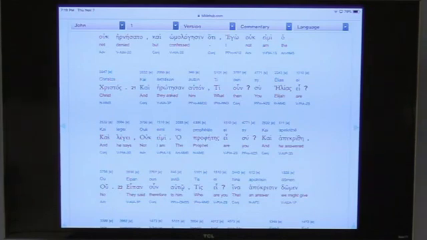But again, the reason why we have so many texts with the Textus Receptus that are free online is because the Textus Receptus is free. There's no copyright on it. It's been around for hundreds of years. So that's why you'll find it on some sites.